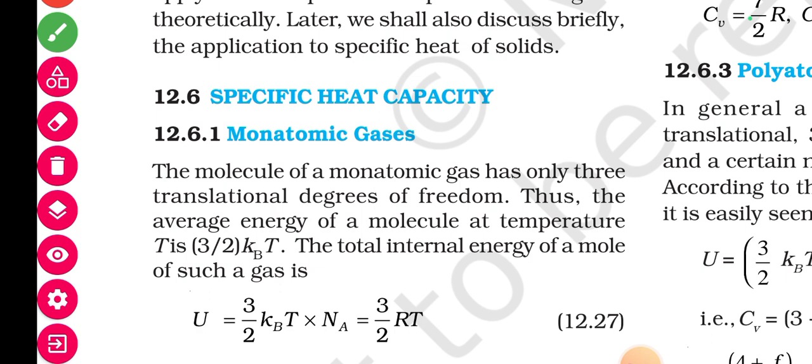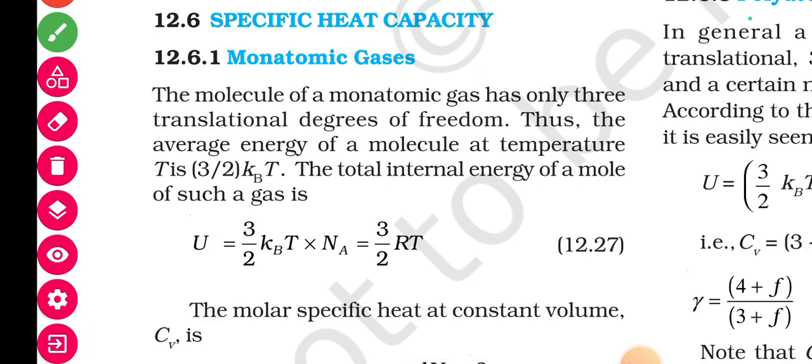The total internal energy of 1 mole of such a gas: for 1 mole, we just multiply the value for one molecule by the Avogadro number. Remember, whenever we talk about one molecule we use the Boltzmann constant k, and if we multiply it with the Avogadro number to obtain the value for 1 mole, k into N is R, the universal gas constant.